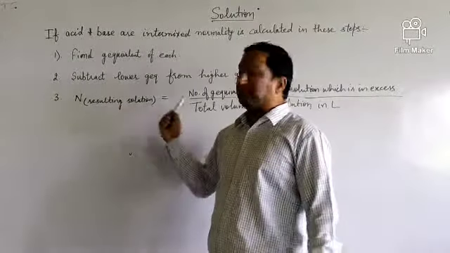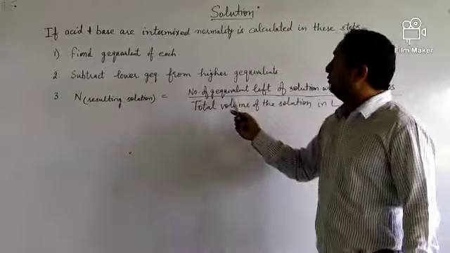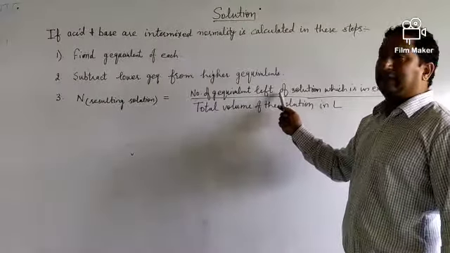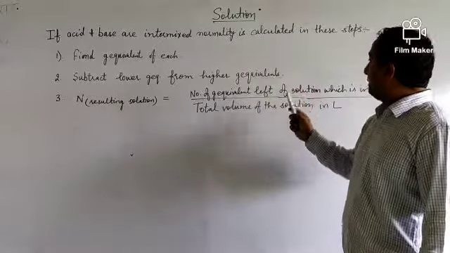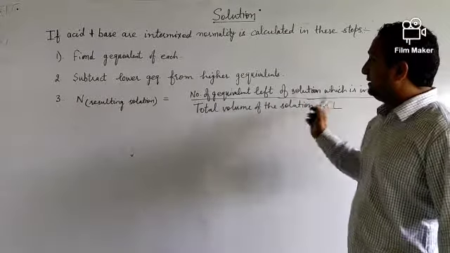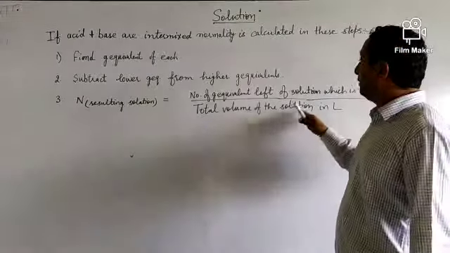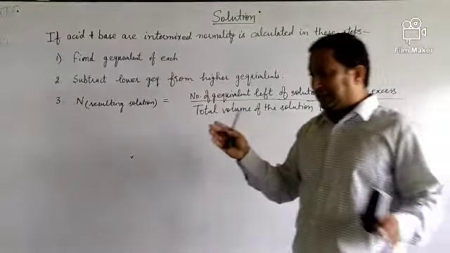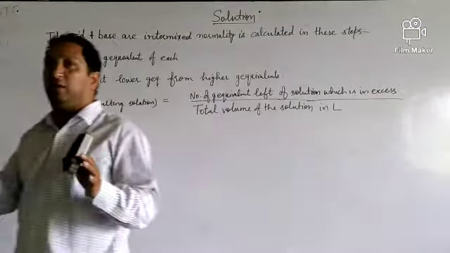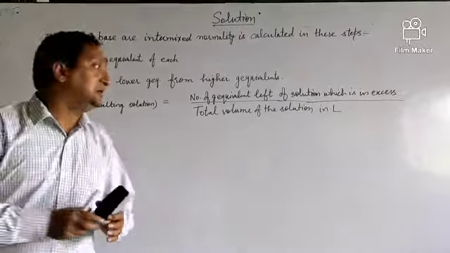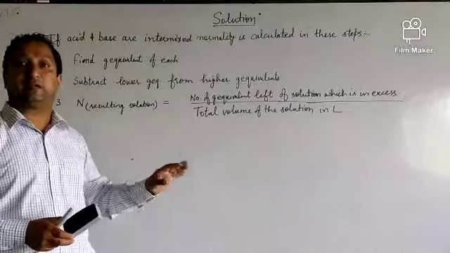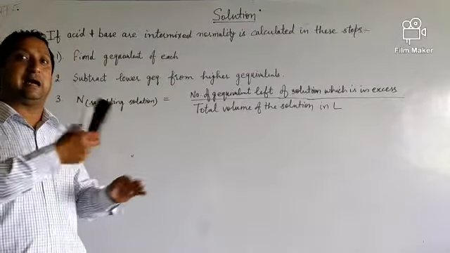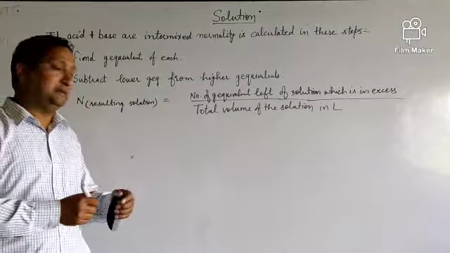Then normality of the resulting solution is equal to number of gram equivalent left, that is the part which we have calculated here, of the solution which is in excess, upon total volume of the solution, that is volume of acid plus volume of base which is used. So these are very important equations which we have studied, because questions are asked again and again from these.